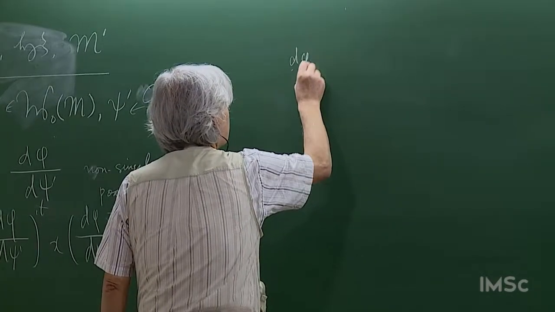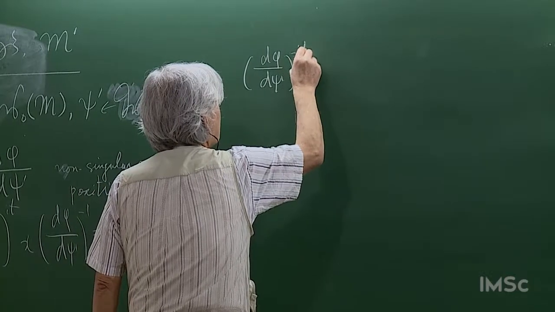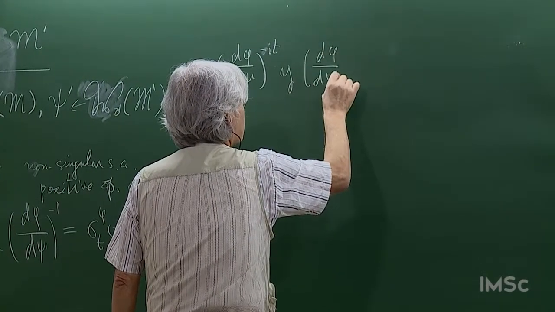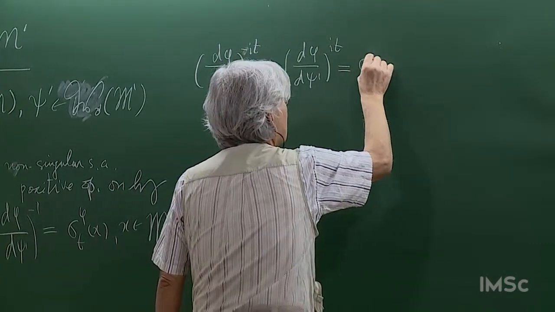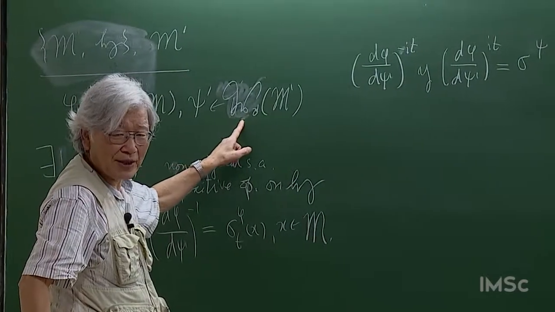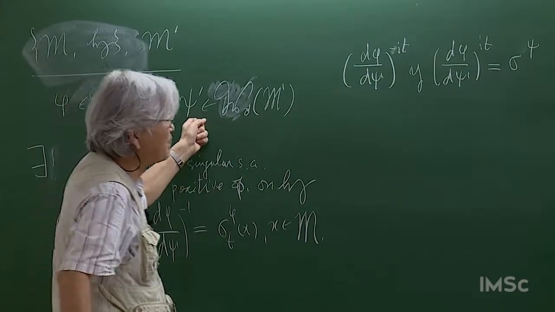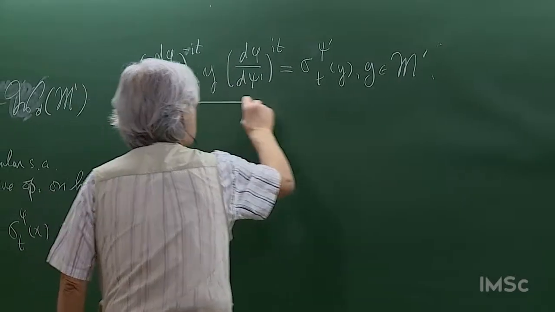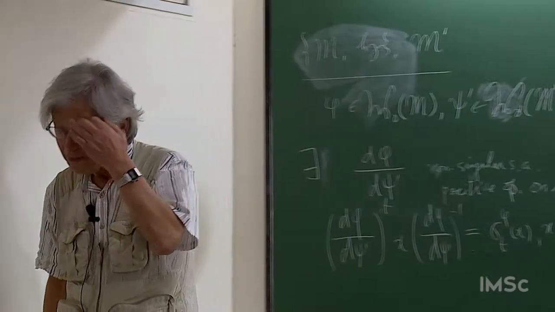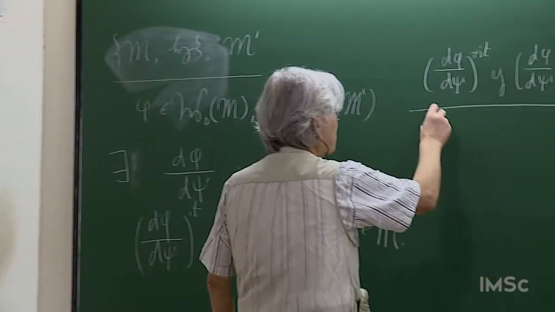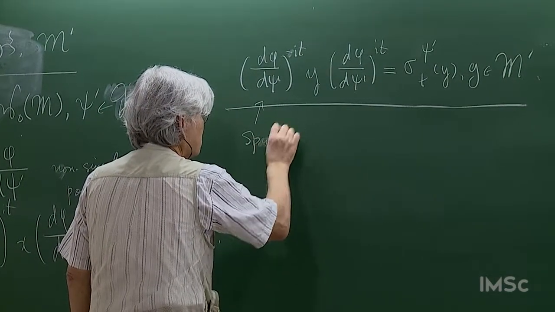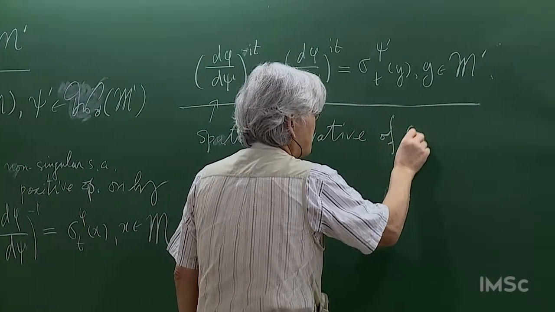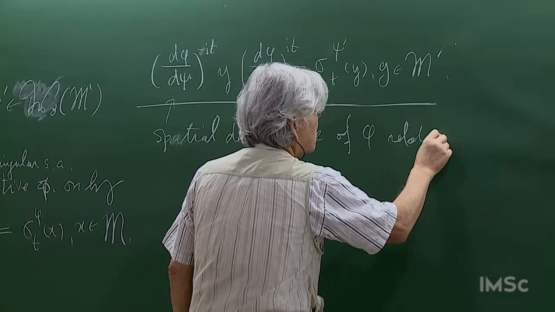And the same operator to the power minus it, d phi d psi prime, applied to y for y in M prime, is sigma psi prime, the modular automorphism of psi prime, being a faithful semi-finite normal weight. Alain Connes called this the spatial derivative, phi relative to psi prime.